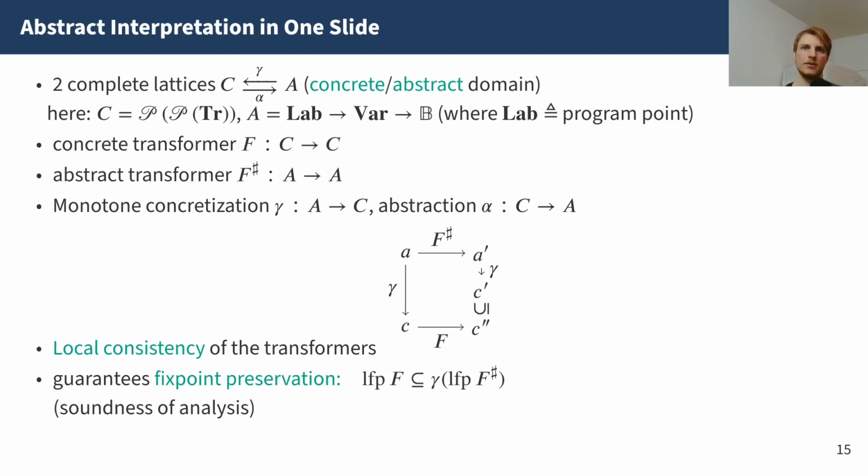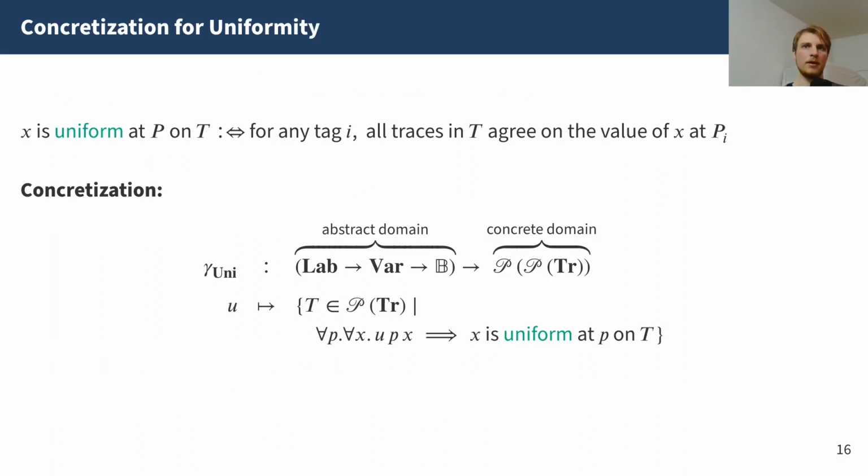I've already shown you the analysis lattice, so in the following we will discuss the concretization and the abstract transformer of uniformity. Remember our definition of uniformity. A variable x is uniform at program point P on trace set T if for any tag I, all traces in T agree on the value of x at the instance Pi.